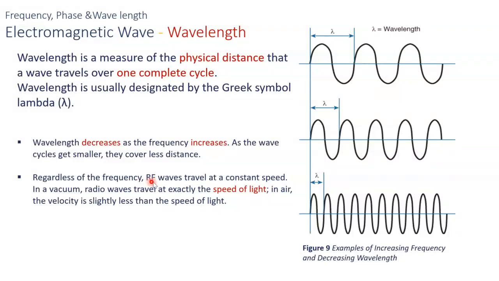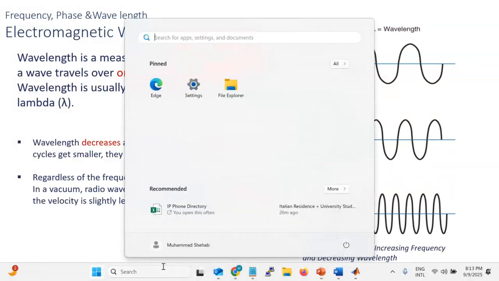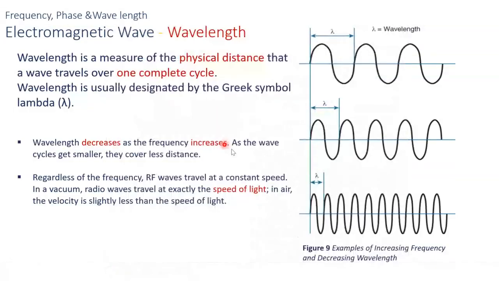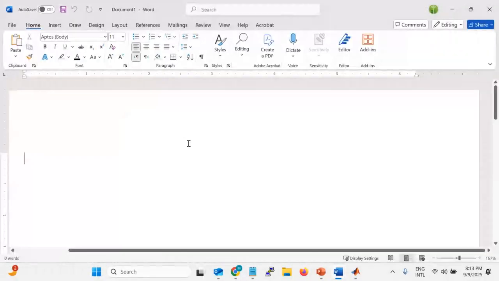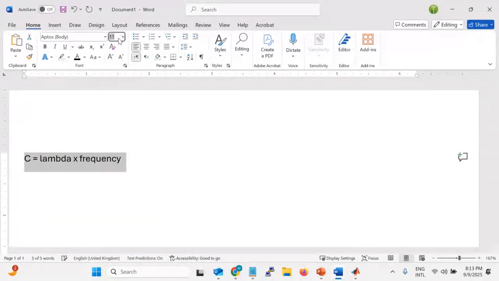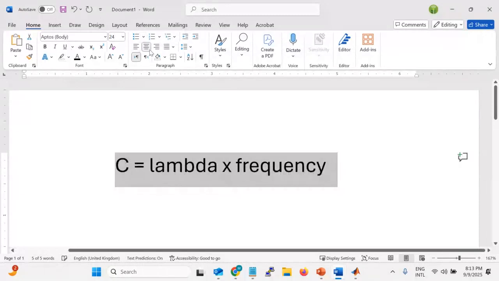So regardless of the frequency, RF waves travel at a constant speed. Why? Because C equals lambda times the frequency.